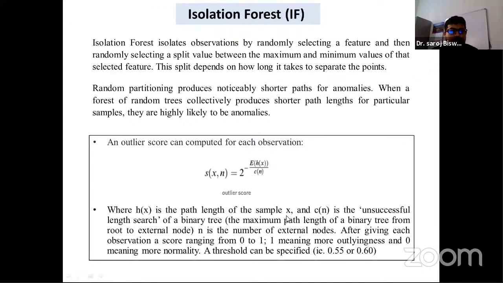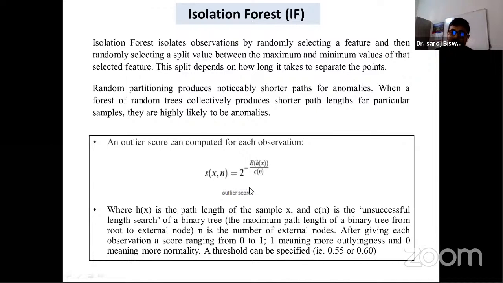I'll come to an example for the average path length, not by words only. And then here we have c(n). c(n) is the average unsuccessful search length of a binary tree. So by these two parameters, now we can calculate the score.